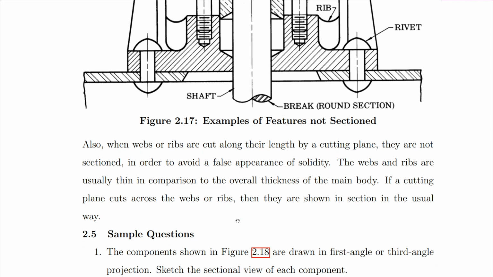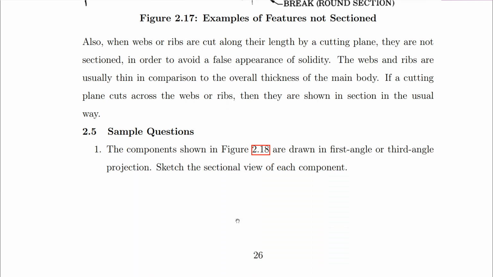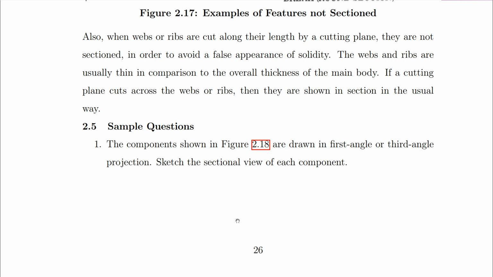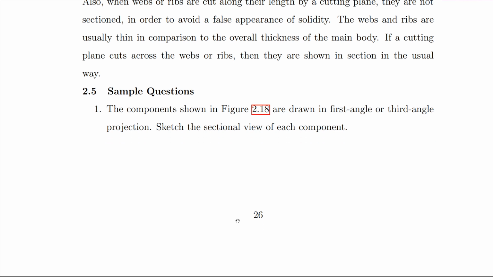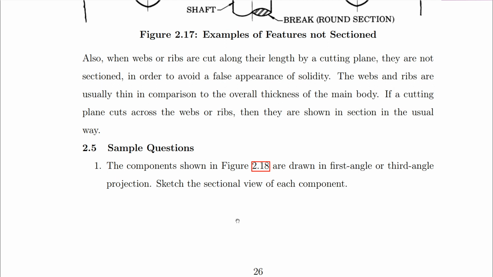Now we're going to look at some examples. It says that the components shown in figure 2.18 are drawn in first angle or third angle projections. Sketch the sectional view of each component.